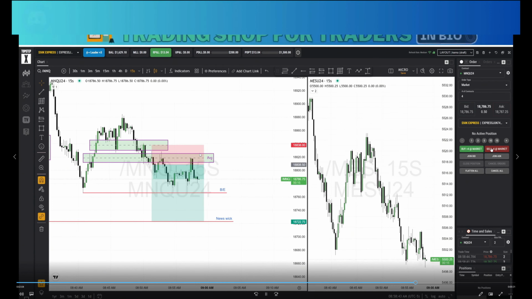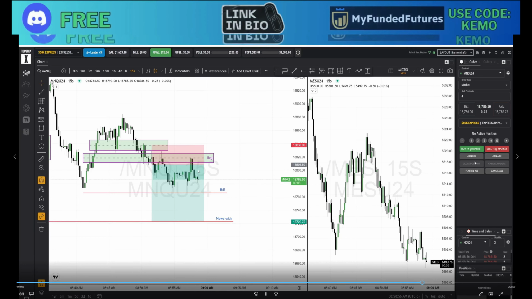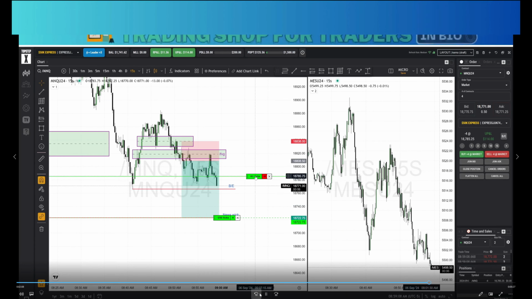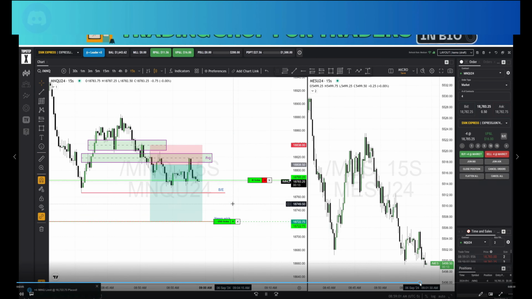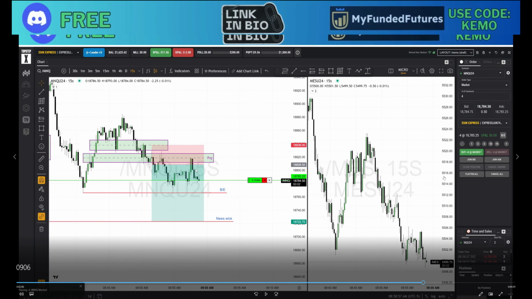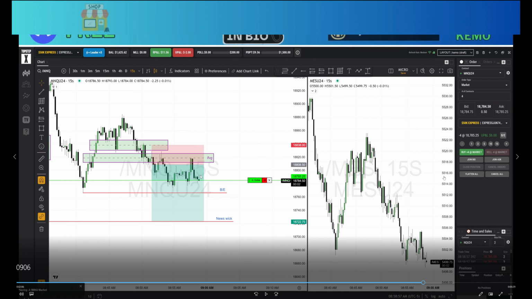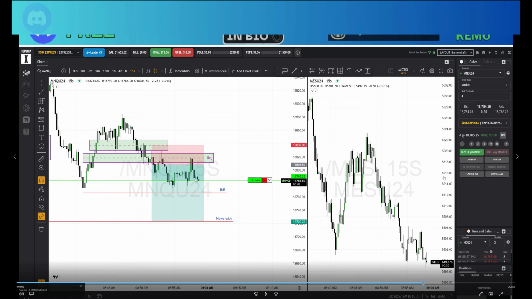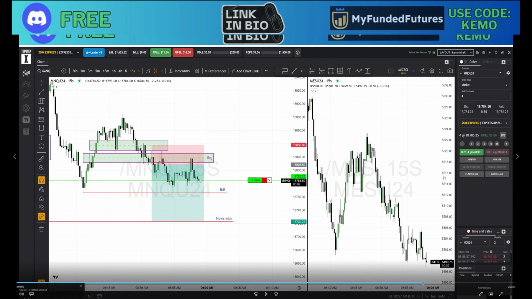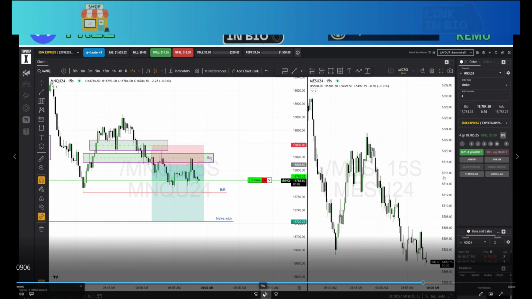But I had higher conviction, and I know that we are going down to the Newsweek low, and right there, as you saw, after the candle confirmed, respecting the bearish order block and switching direction to go lower, I immediately jumped back in.